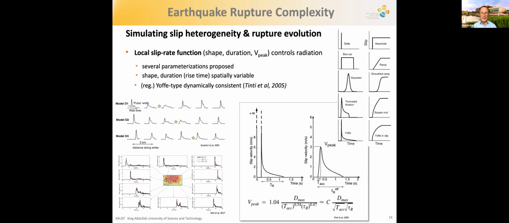The beauty of that parametrization is that the peak slip rate of this regularized Yoffe function is constrained by the maximum displacement on the fault, or at that location, I should say, and then two time constants, the acceleration time from onset to the peak time, and the duration. And so in essence, we have a very intuitive way to scale the peak slip rates based on the maximum displacement on the fault and some time constants.